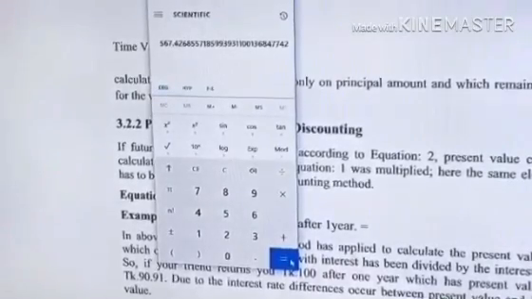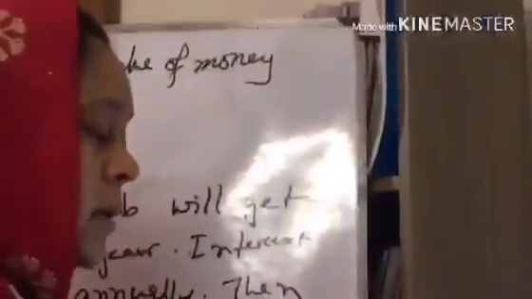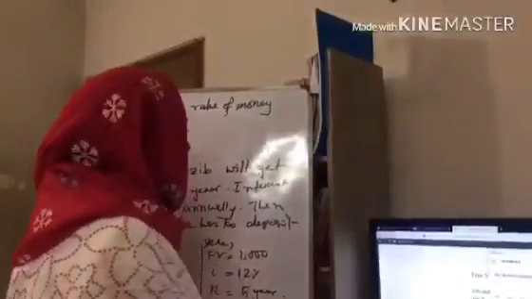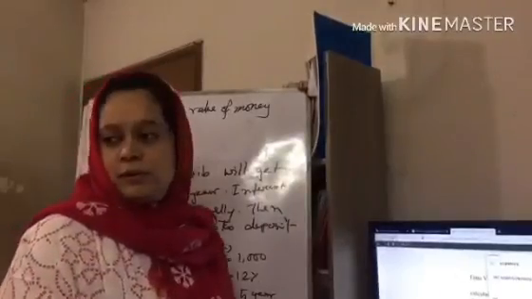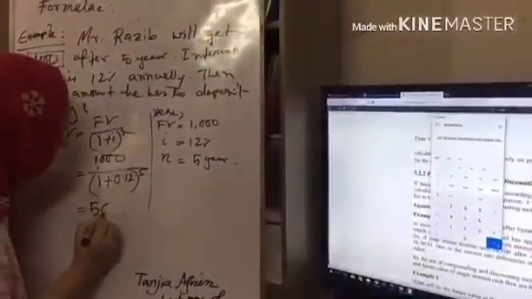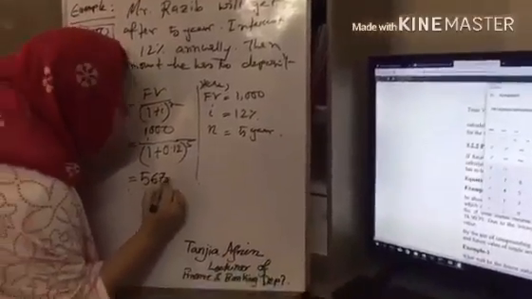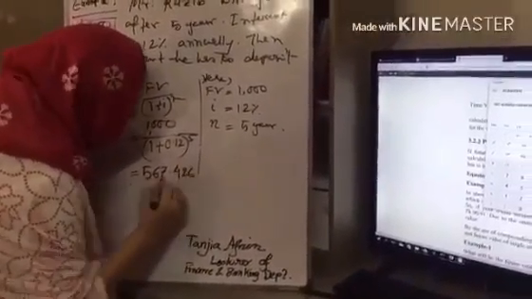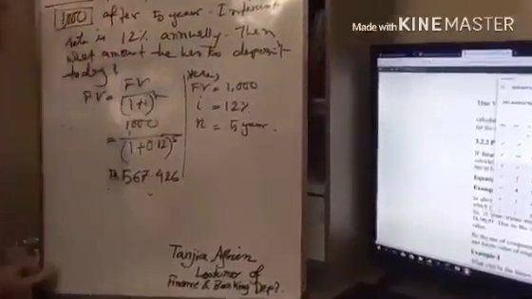This is the present value of the 1000 taka that he will get after 5 years, and the result is 567.426 taka.